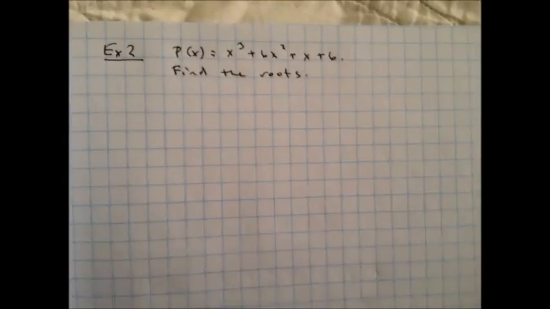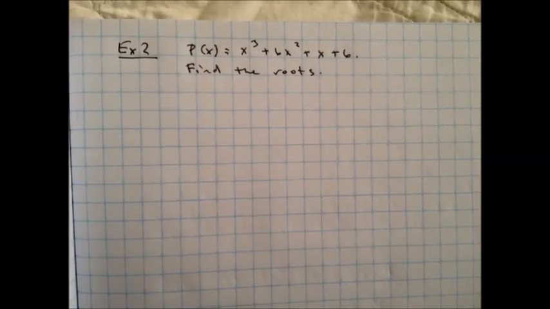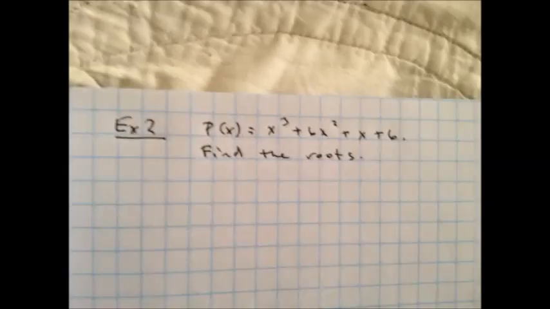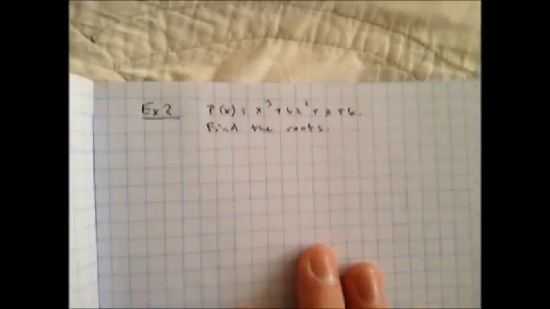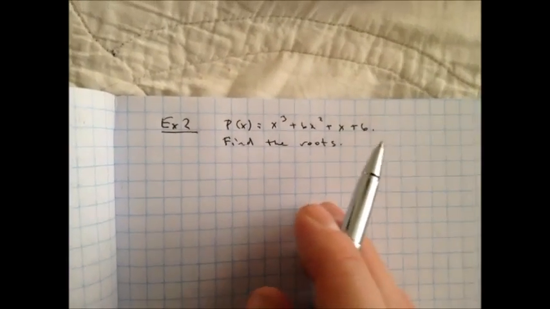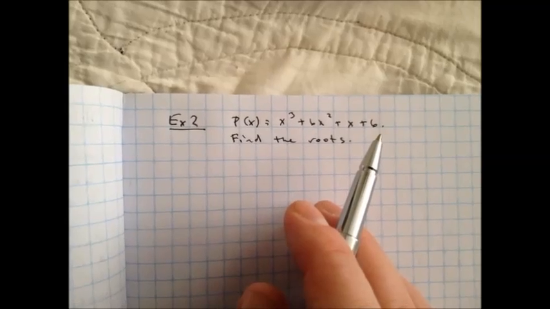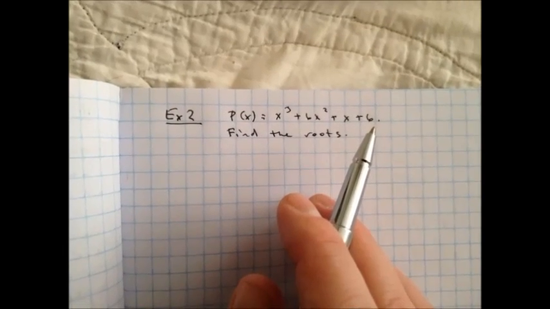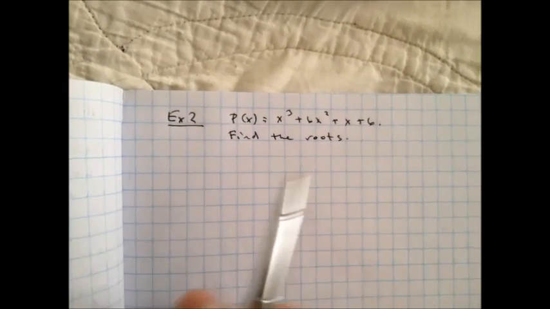Alright, so we have P of x equals x cubed plus 6x squared plus x plus 6. So at first glance, I see x cubed plus 6x squared plus x plus 6. It's factorable. The book provides it as an example.